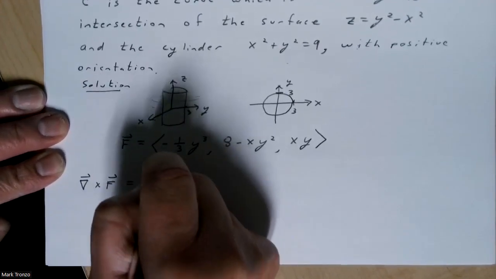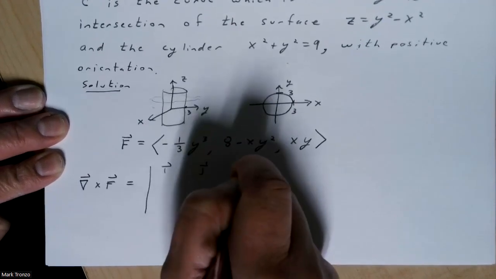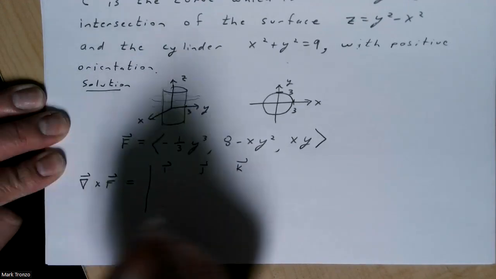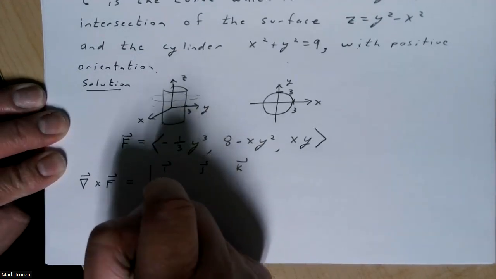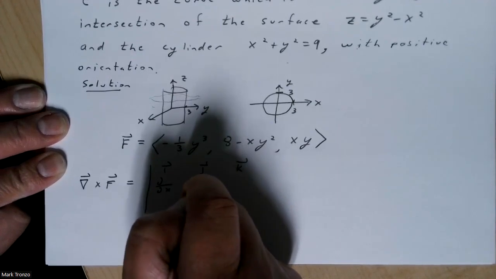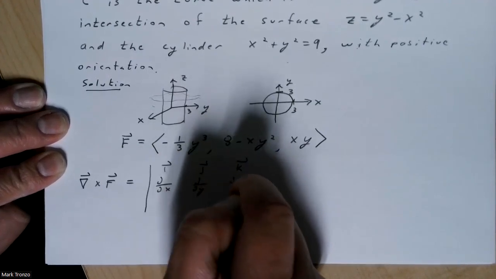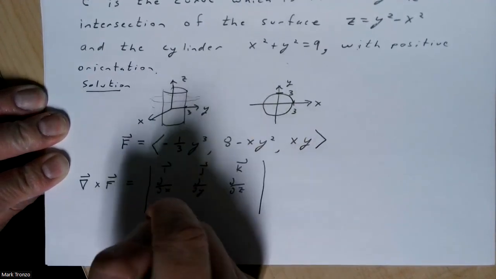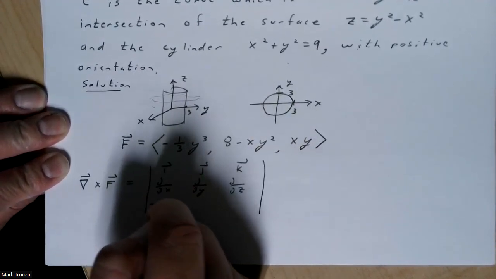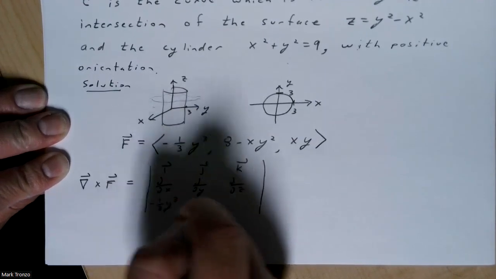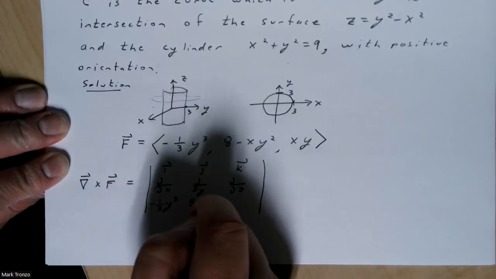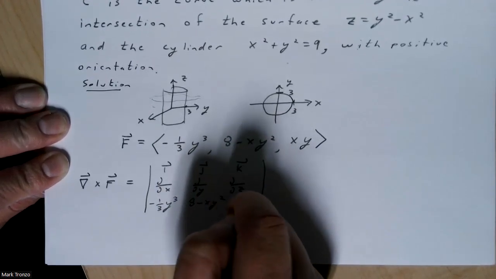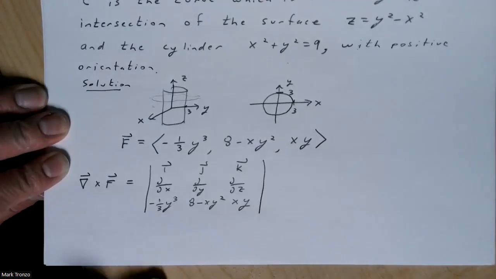So it'll be i, j, k, d/dx, d/dy, d/dz, and then minus 1/3 y cubed, 8 minus xy squared, xy, like that.